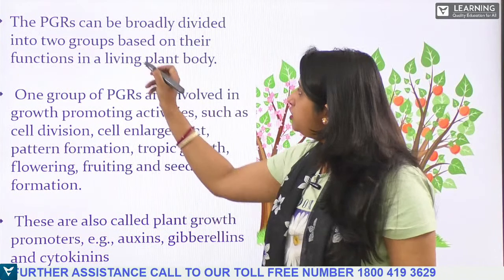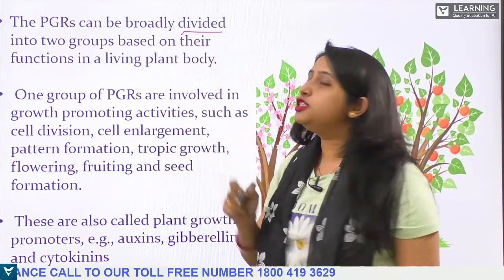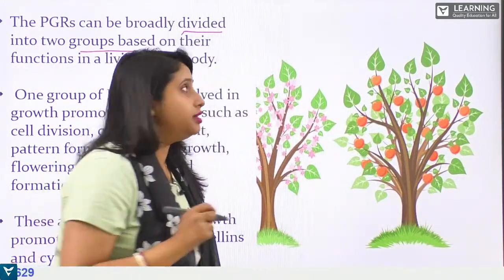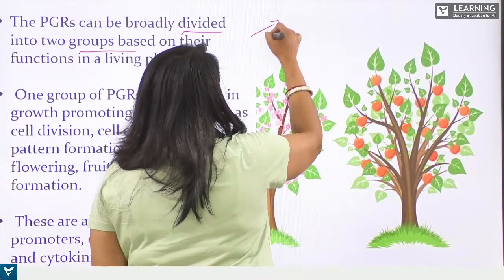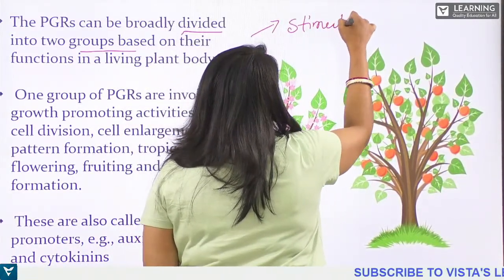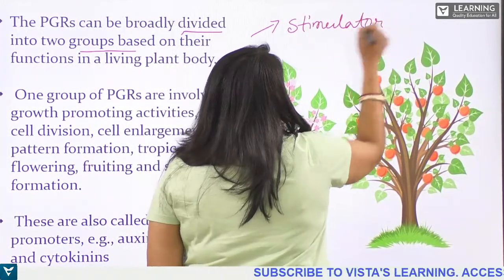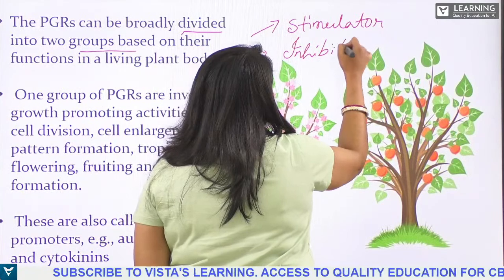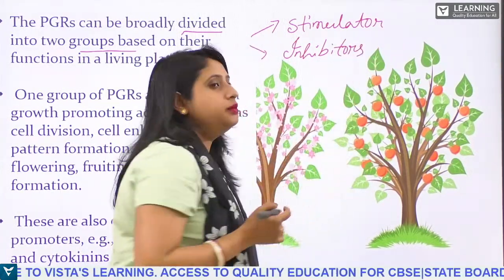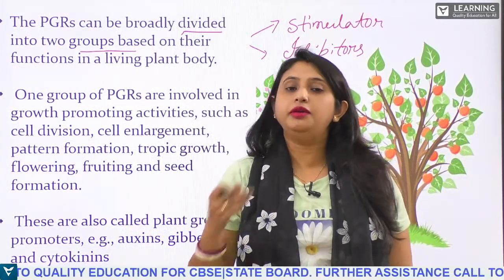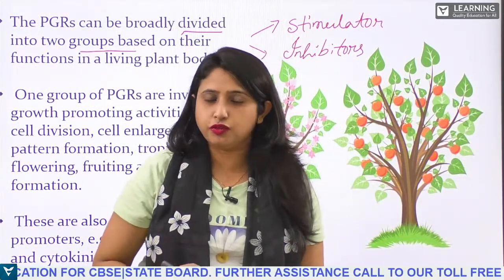The plant growth regulators can be broadly divided into two groups: one is the stimulators and another is the inhibitors. Stimulators stimulate the growth of the plant, and inhibitors stop the growth of the plant.